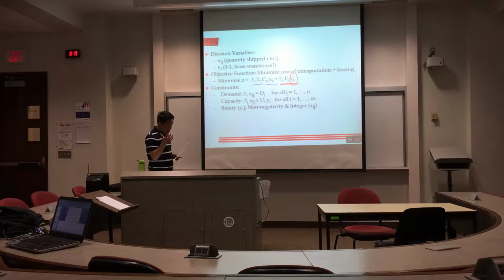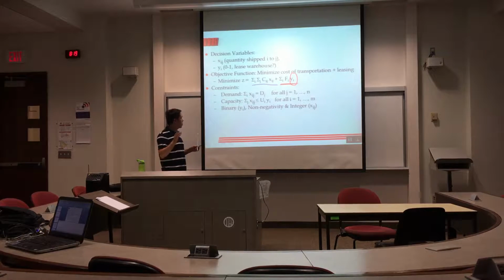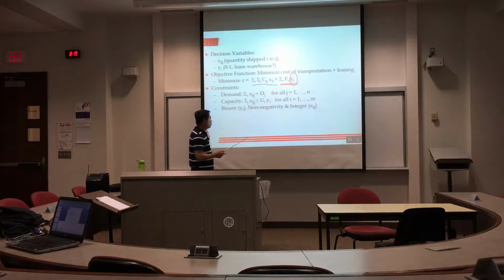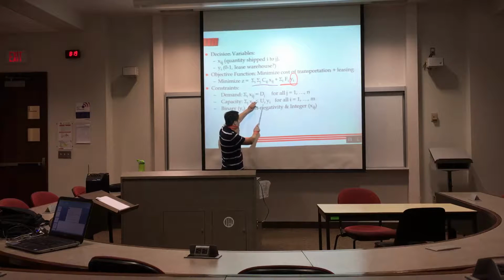And about constraints, again, for the demand side, everything is normal. But for the supply side, we have something special: if you do not lease warehouse 1, then of course you do not have capacity at warehouse 1, right? So on the right hand side, if you do not lease warehouse 1, then this is 0, and U1, whatever it is, the whole thing will become 0.